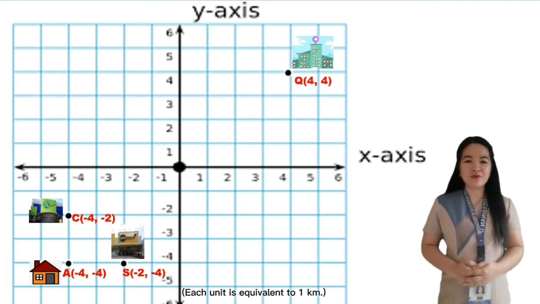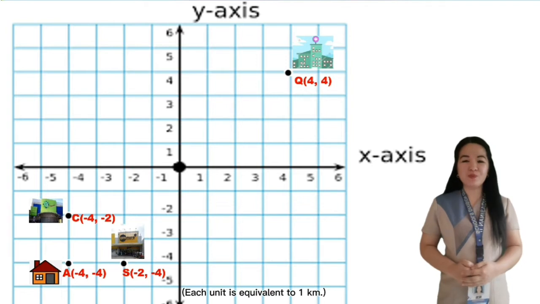So Angela's house is located at point -4, -4. Save More is located at -2, -4. CSI is located at point -4, -2. And the quarantine facility is located at 4, 4.